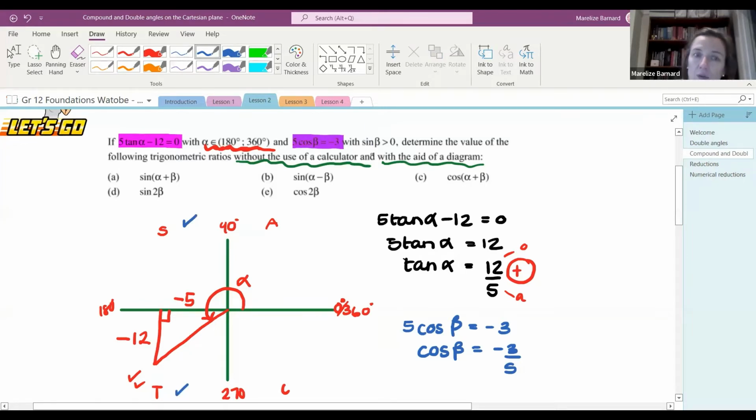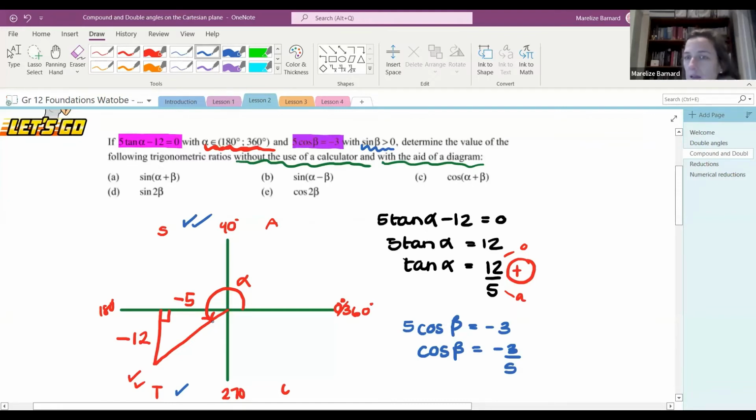So again, we can't draw in both quadrants. We need to pick a quadrant. For that, we use this piece of information here that says sine beta is positive at the same time as cos is negative. That means we're going to definitely draw here in the second quadrant, not in the third quadrant, and not in any other quadrant, because those are the only places where cos is negative.